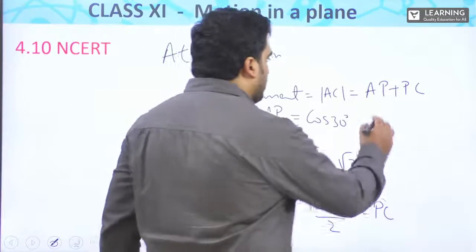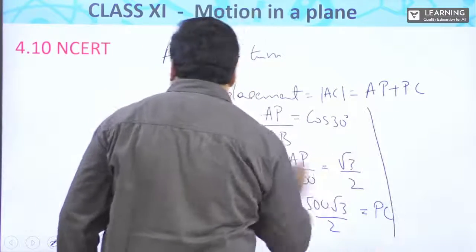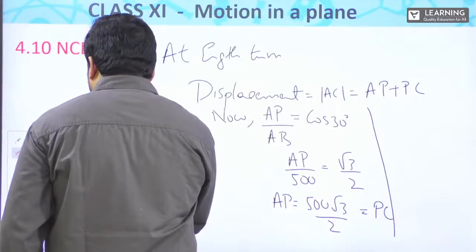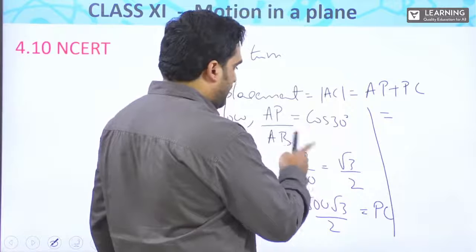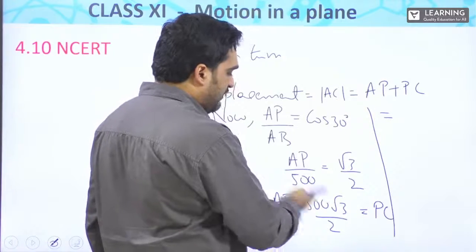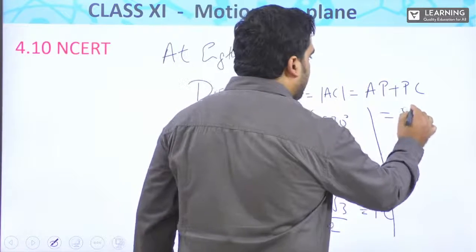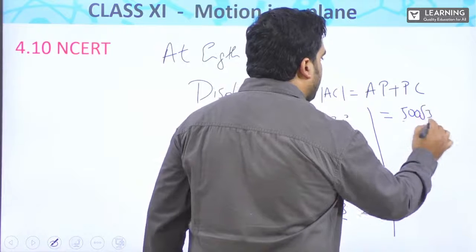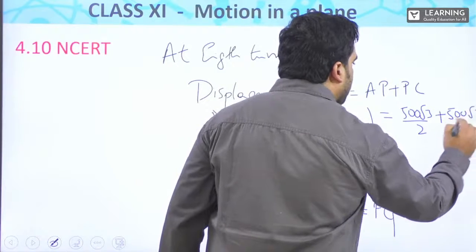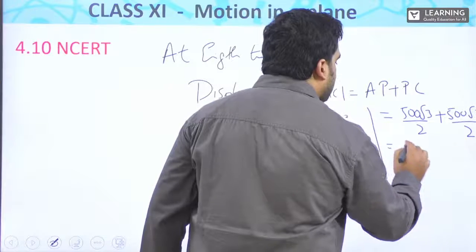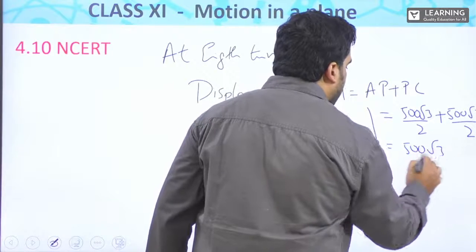Now by this you can say that the given ratio, using this, you get 500 root 3 by 2 plus 500 root 3 by 2, which is equal to 500 root 3.